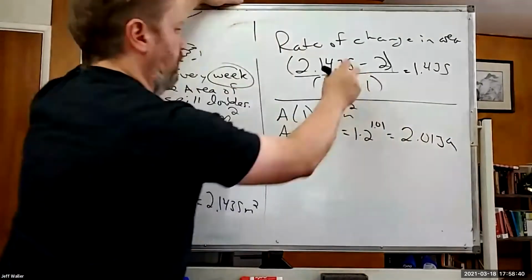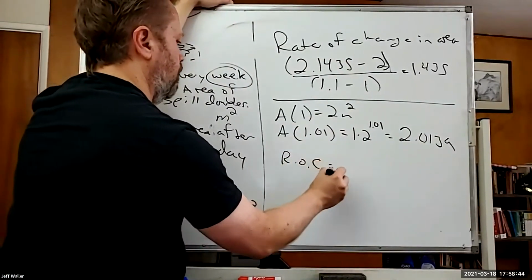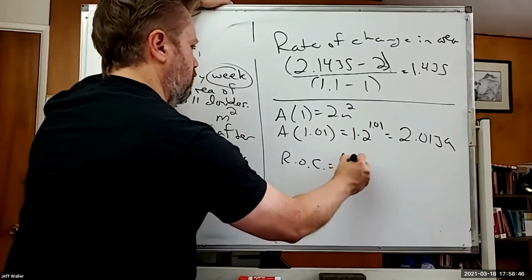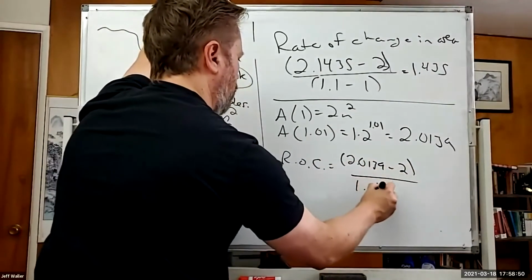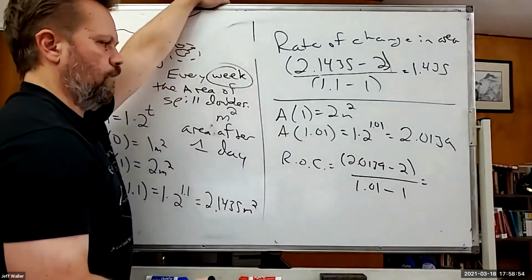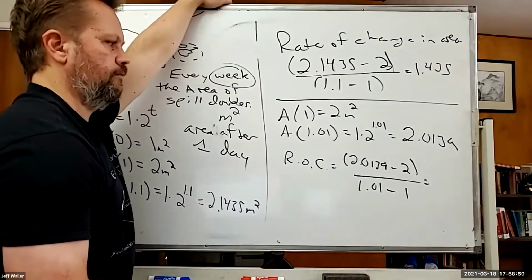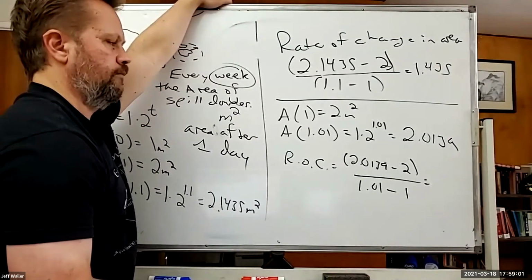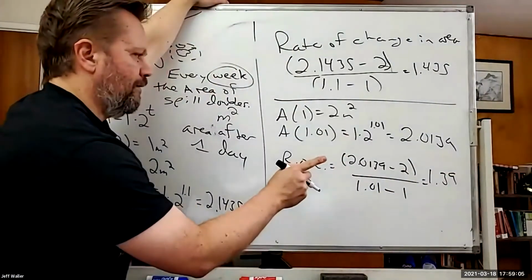Now let's do the same thing we did up here. What's the rate of change? It would be 2.0139 minus 2 divided by 1.01 minus 1. That's 1.39.